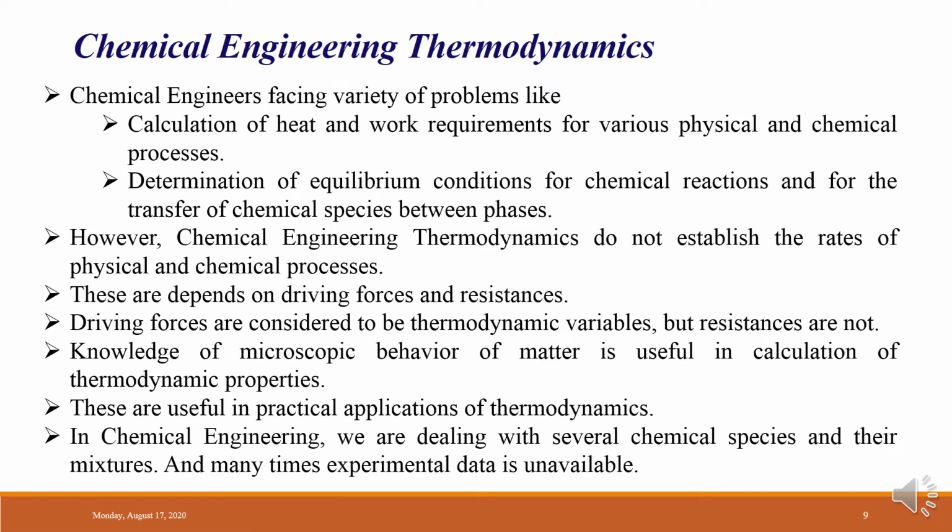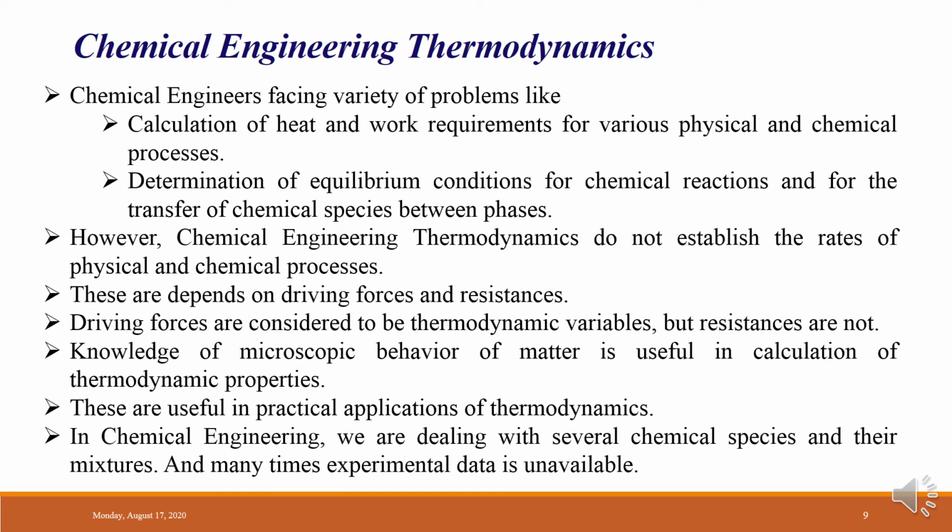And in chemical engineering, we are dealing with several chemical species. That means we are talking about multi-component systems. We are not talking about a single homogeneous component. Many times we are dealing with multiple components, such as 2-3 reactants entering a reactor, and some products are there. Suppose 2 reactants and 2 products, so 4 components are there.